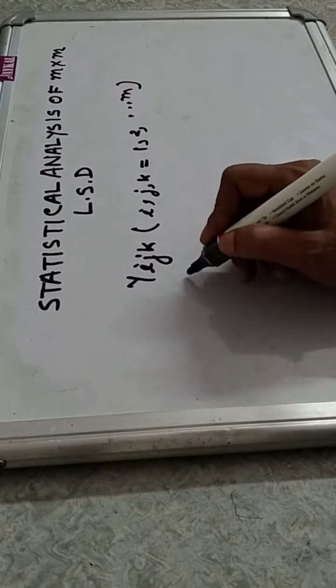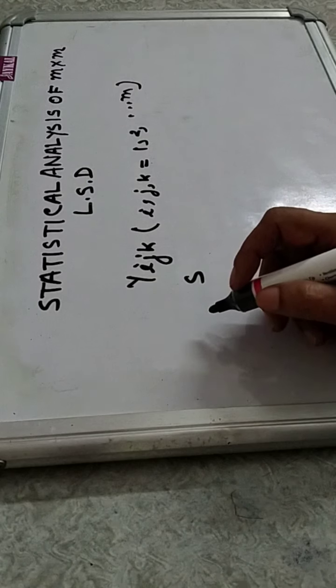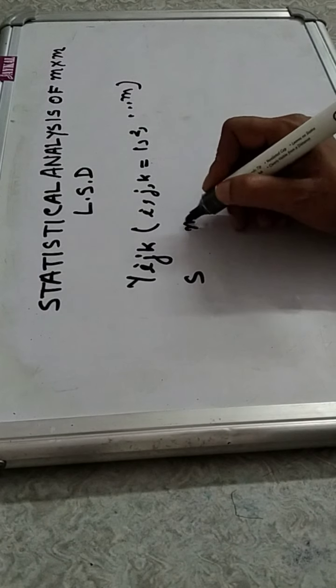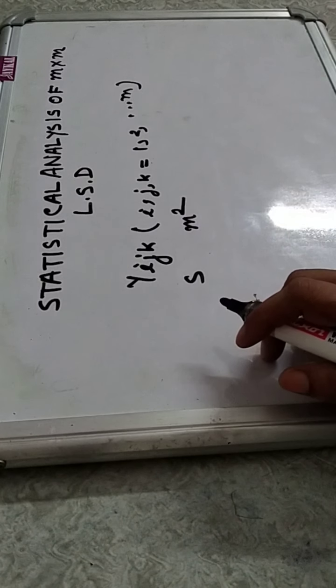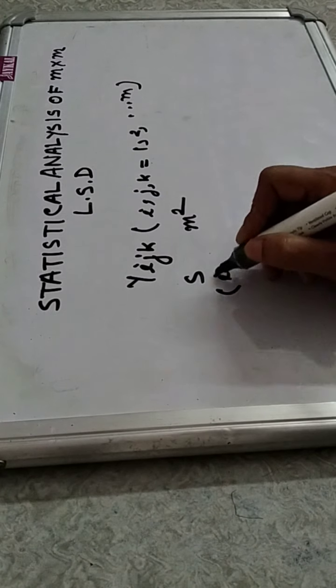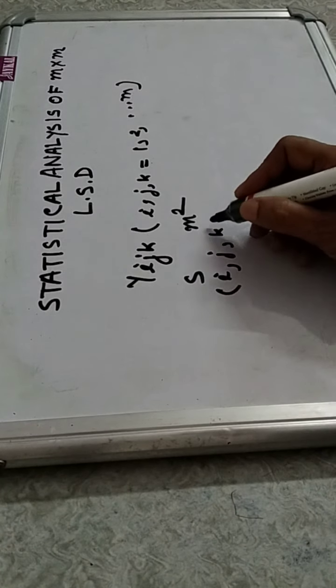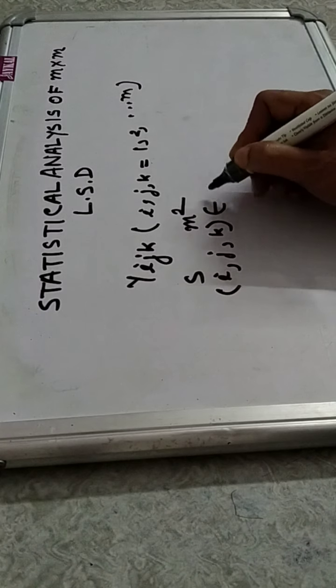If S represents the set of m square values, then symbolically ijk belongs to S.